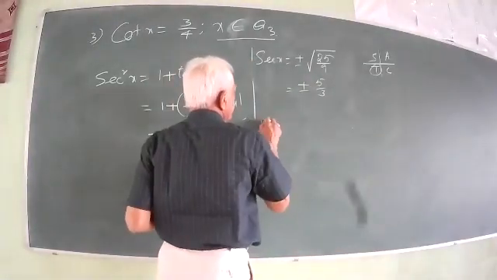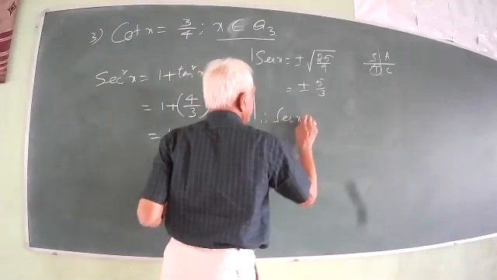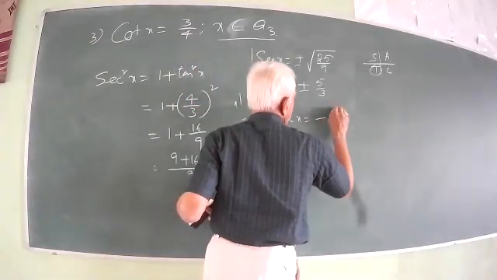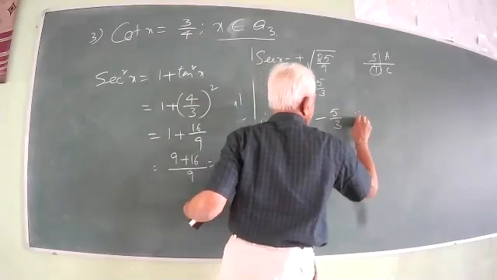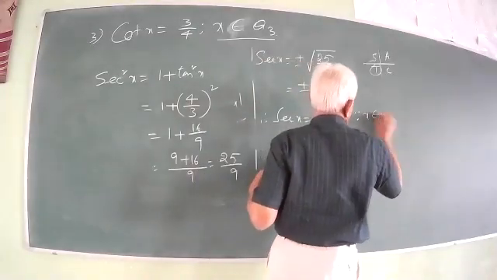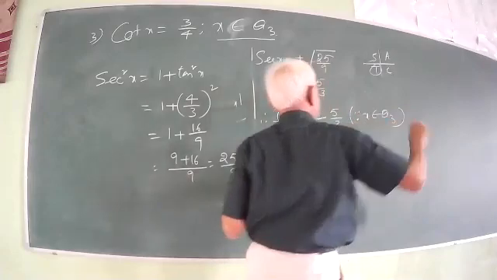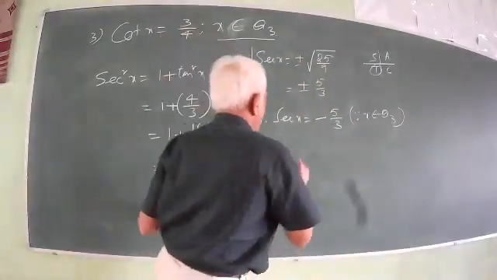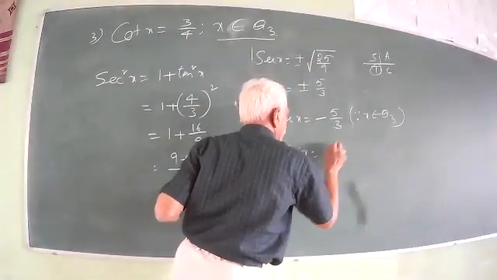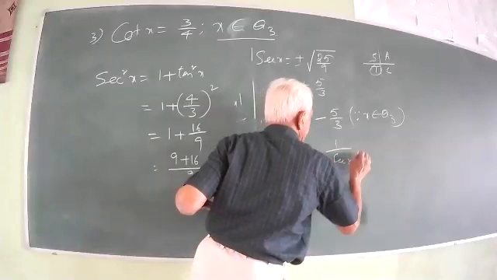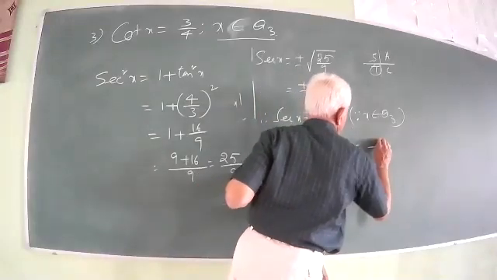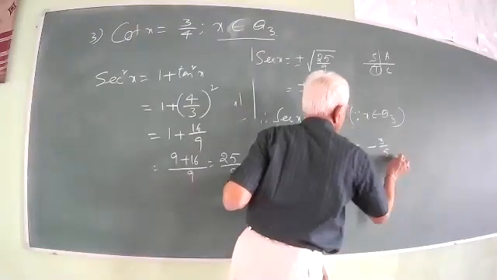Therefore, secant x is equal to minus 5 by 3. Write the reason why it is: x belongs to Q3, and cos x is nothing but 1 by secant x, which is nothing but minus 3 by 5.